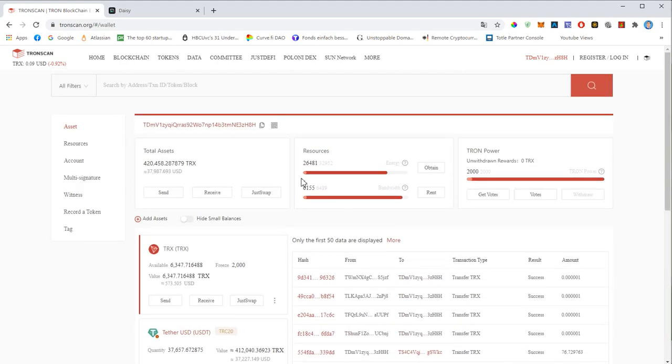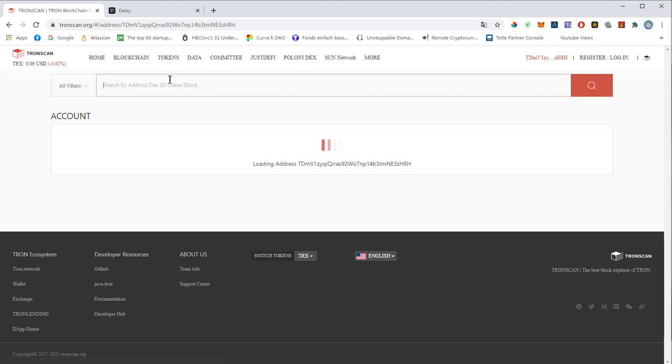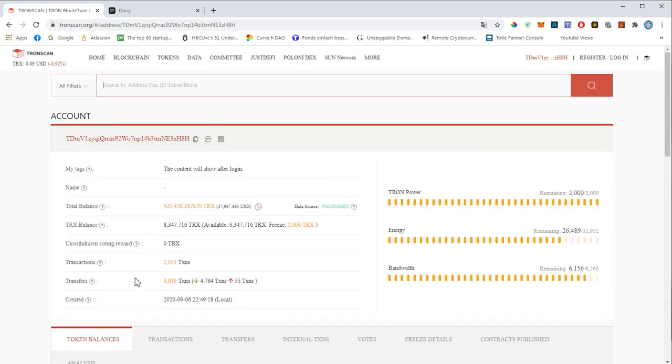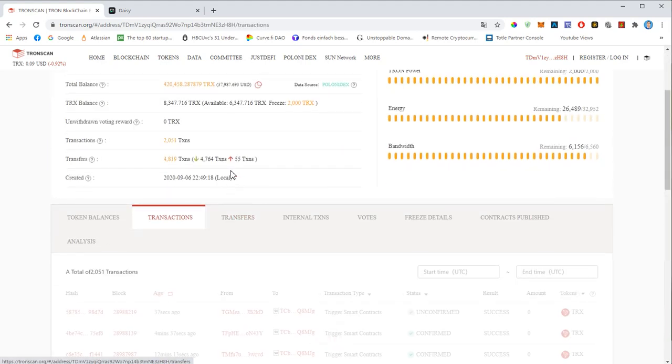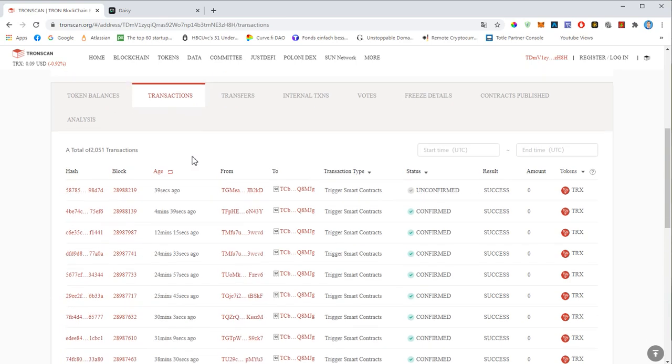So now, to find the smart contract, you just go to the search bar, you search for your address, and then you go to transactions. And if you see trigger smart contract, that basically means that your address was interacting with the smart contract.